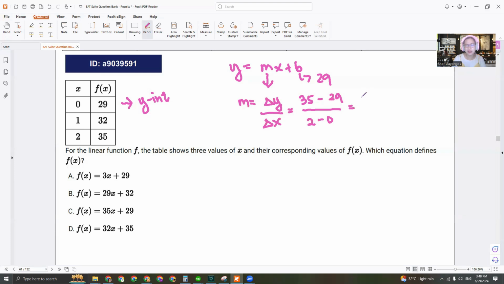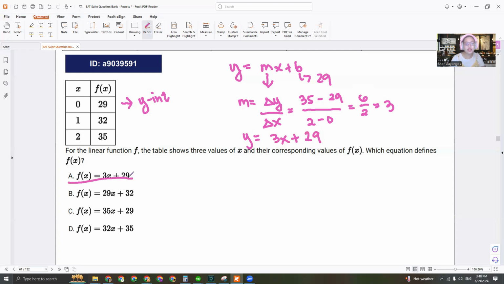So 35 minus 29 is 6, all over 2, equal to 3. Meaning your slope is equal to 3, and that gives you an equation of 3x plus 29.